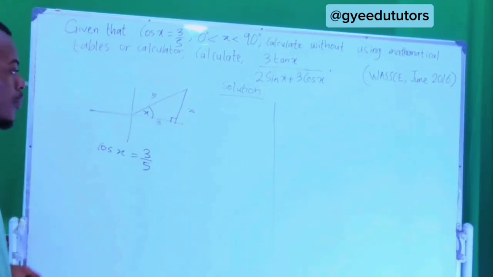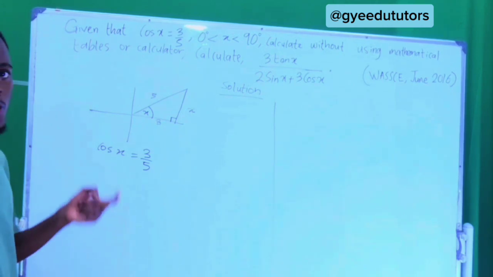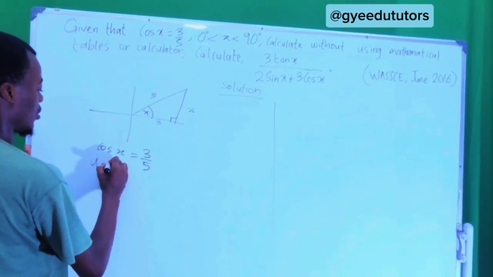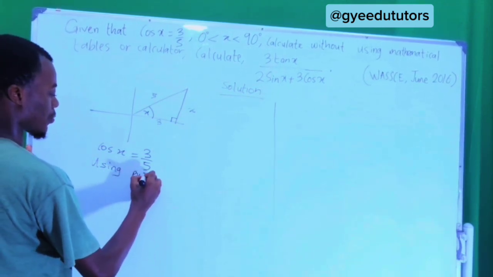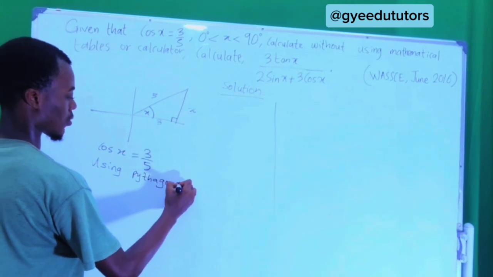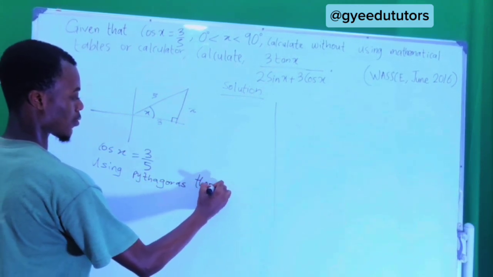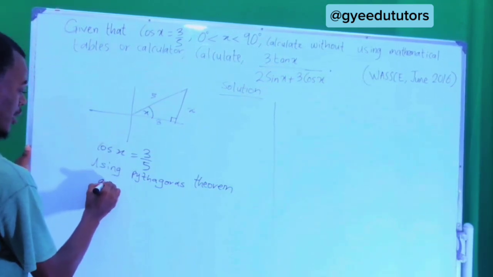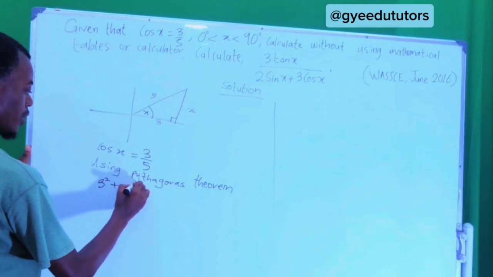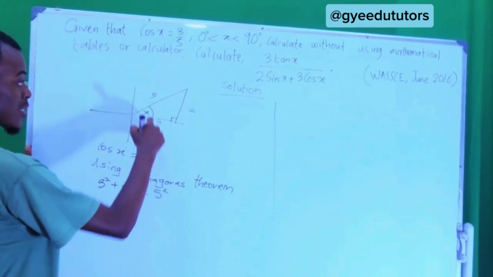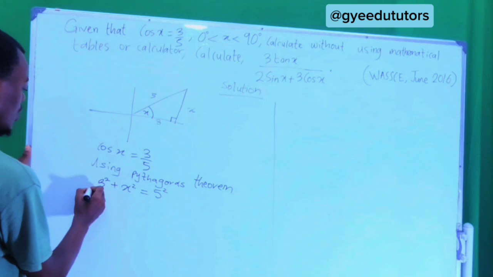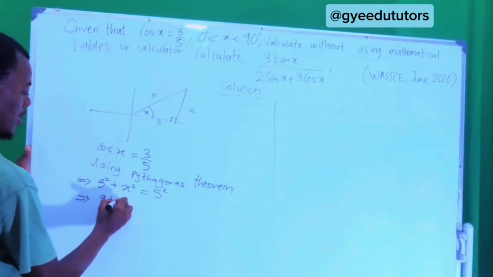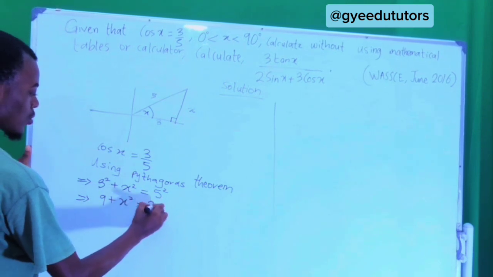Since there is a right angle inside, we can use Pythagoras theorem to find x. So 3 squared plus x squared is equal to 5 squared, 5 squared being the hypotenuse. 3 squared is 9, plus x squared is equal to 25.